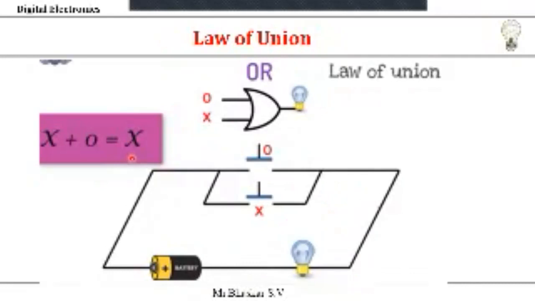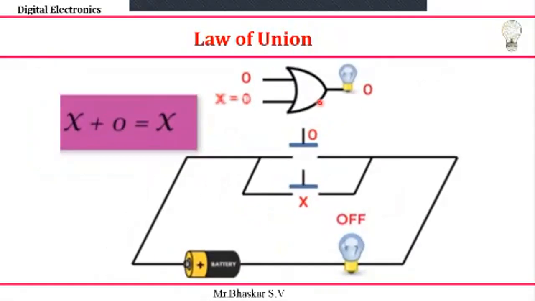Okay, next is the law of union. Just check it out. Here I'm going to use one OR gate with 0 and x. Whether x is 0 or 1, let's check the values. If I take x equal to 0, the switch is open, so the output I'll get is 0 only.